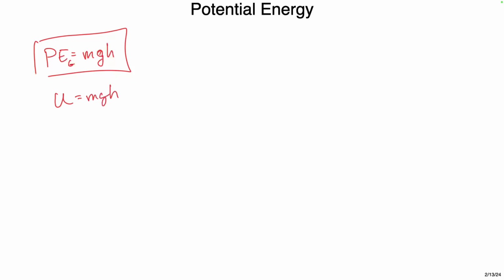This is the standard symbol we use in physics for potential energy. But your book uses capital PE, so I'll try to stick with what your book does here. The symbol doesn't matter that much, but I was trained many years to use the symbol U, and I still use it. It still squeaks out every once in a while.